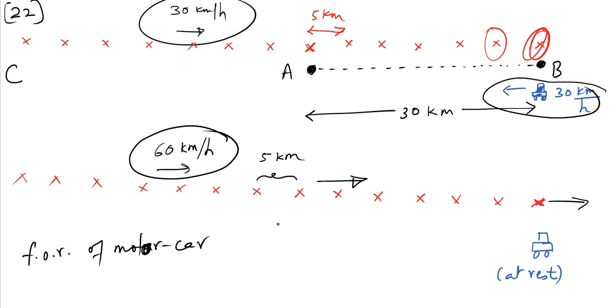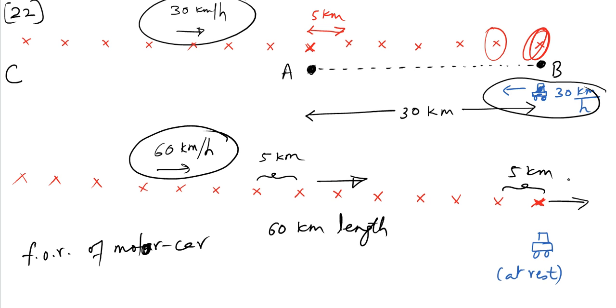So naturally a 60 kilometer length of the procession moves past the window of the motor car driver in this time of 1 hour. So we just have to count how many cyclists are there in a 60 kilometer length of the procession, and we know that the spacing is 5 kilometers.